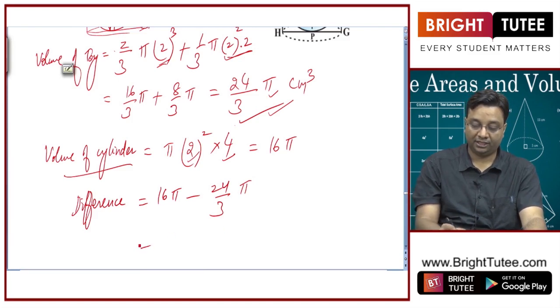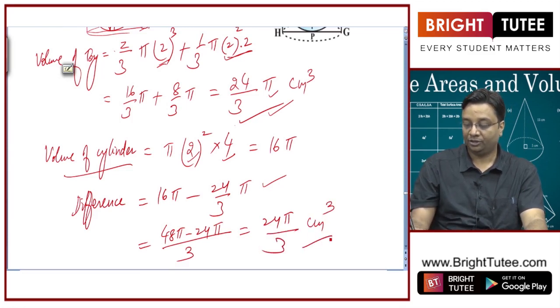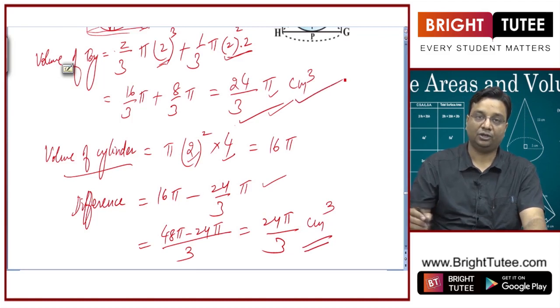So what is the exact difference? If I want to simplify it further, I can write it as 48 pi minus 24 pi divided by 3. So it is equal to 24 pi by 3 centimeter cubed, and it is equal to the volume of this toy.